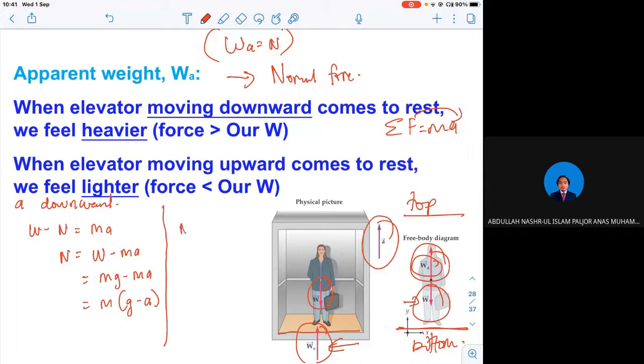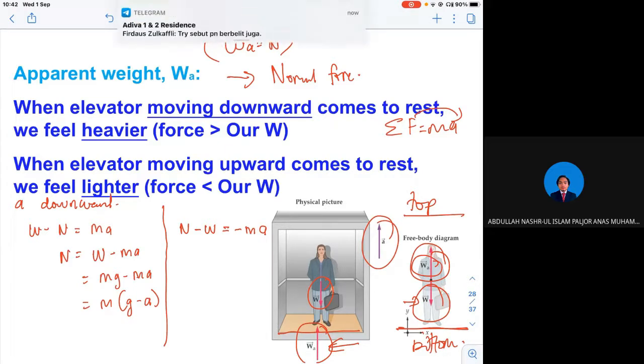No problem: N minus W, because N is the upward force and W is the downward force, is equivalent to, this time, remember, N minus W is actually going up, but the acceleration in this scenario is going down. So you need to put negative MA.